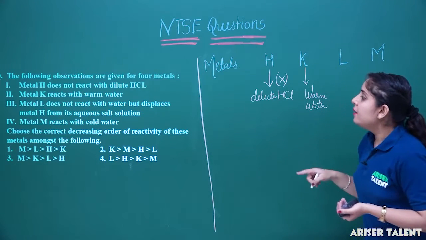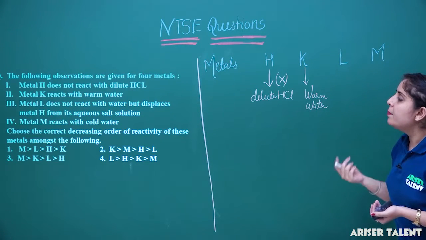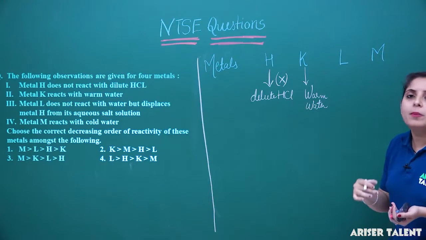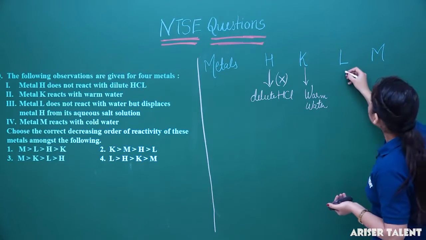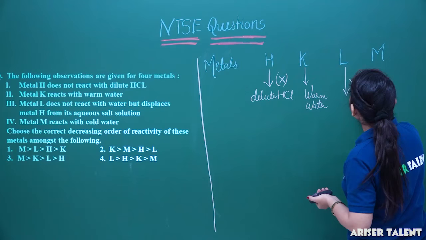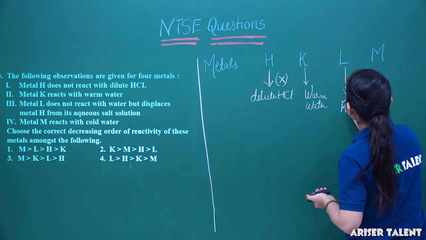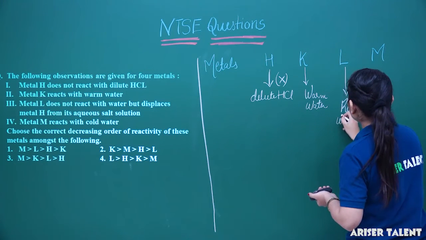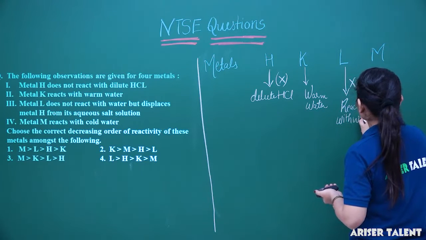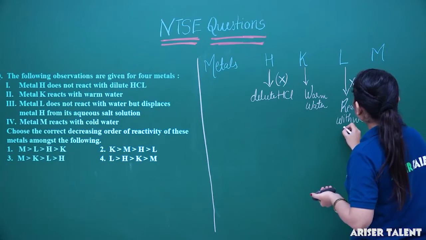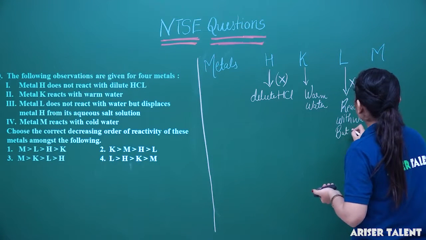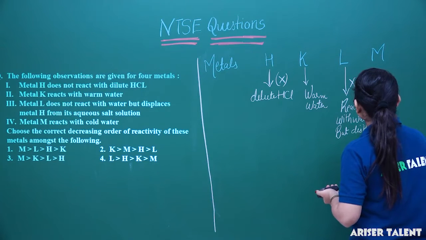Metal L does not react with water, but it displaces H from its aqueous solution. So it means it does not react with water, but displaces H from its solution.